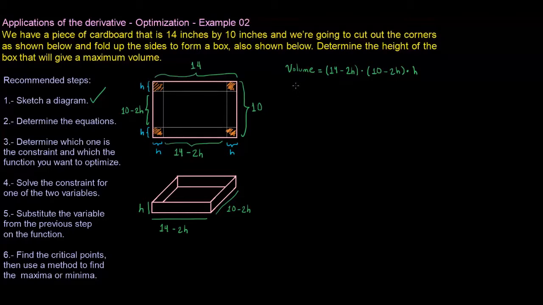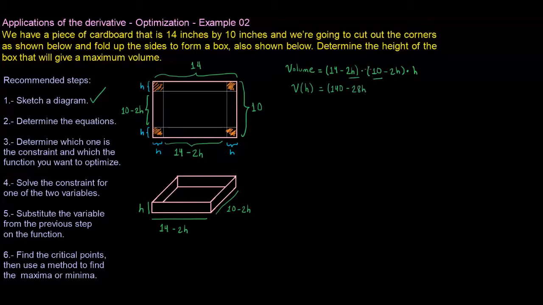This is not very common, so don't get excited about it. So okay, let's see. This volume is V of h, as you can see. Now we have to simplify this out. So I'm going to multiply them all first. It would be 140, 14 times 10, minus 28 times h.